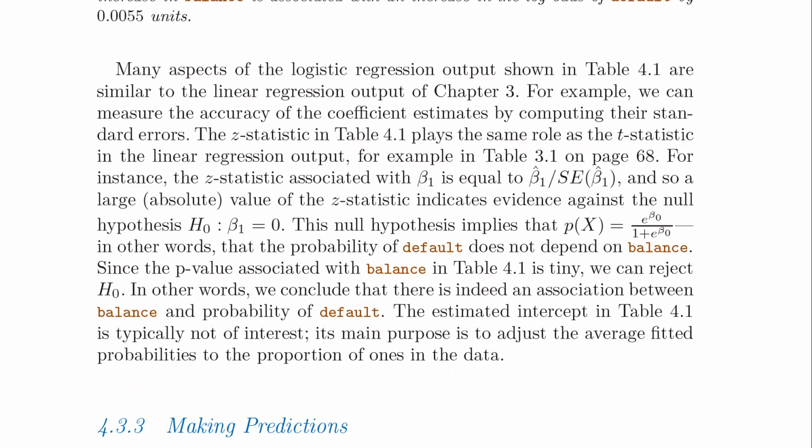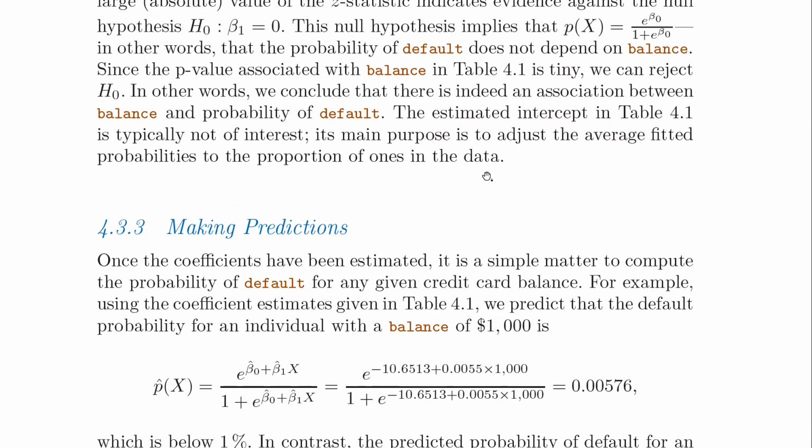You hope that with the available info that you have, there's at least one or more of the variables that give you a statistically significant relationship with the variable that you're trying to predict. The estimated intercept in table 4.1 is typically not of interest. Its main purpose is to adjust the average fitted probabilities to the proportion of ones in the data.